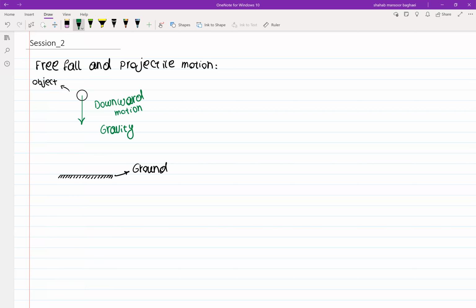The gravity in physics is represented by G, which is gravity. And the G value, based on many experiments, close to Earth planet, is 9.81 meter per second square. You know that the acceleration has a unit, and the unit of acceleration is meter per second square.